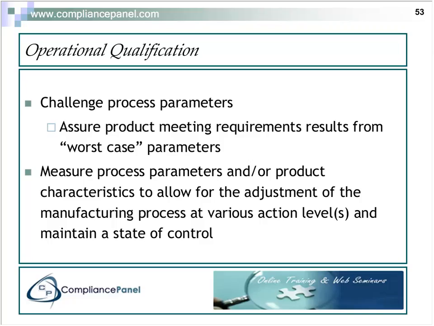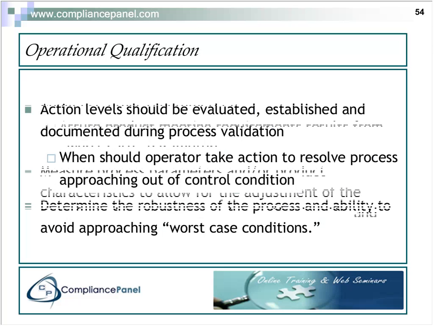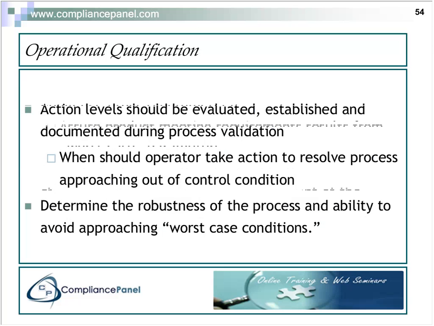Maybe at a certain demand level, we stop the process. So we would perform that stop and determine if it's producing the correct results. And we need to establish, evaluate, and document those during process validation and describe when the operator should take action, and this should all be written into the procedures for this particular production process.